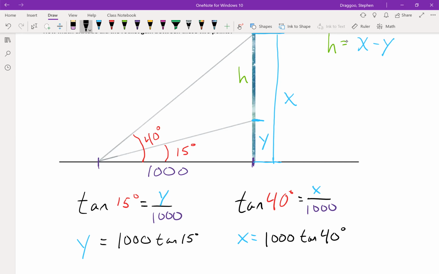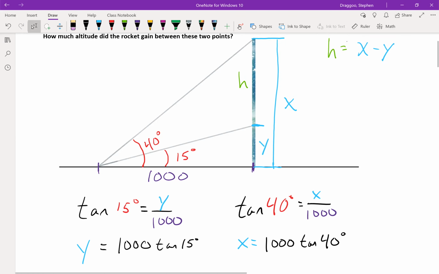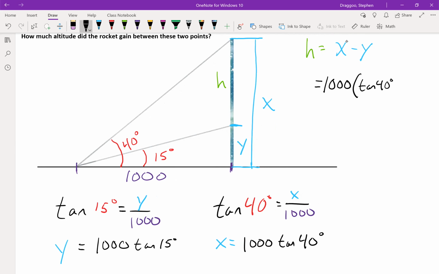So if we apply that up top to get the value of h, it should just be the difference between those 2 pieces. So 1,000 times the tangent of 40 degrees minus the tangent of 15 degrees.